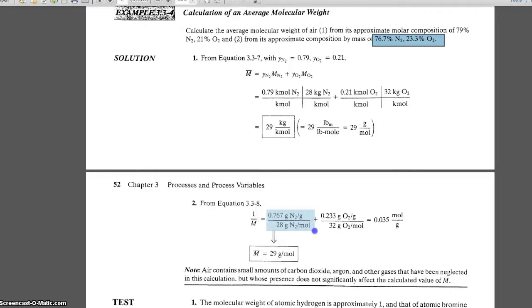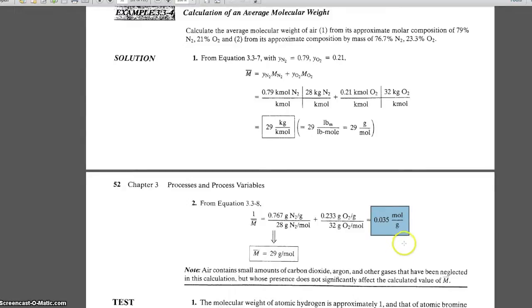So it's 28 gram of nitrogen gas per mole of nitrogen gas, and you add it up with the same equation for oxygen, and you get the amount of 0.035 mole per gram.